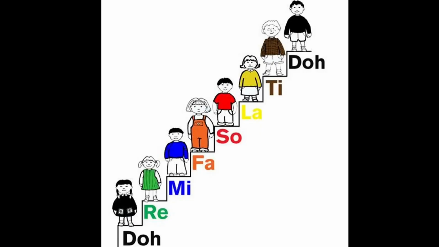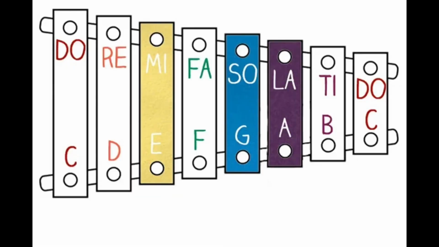As you go up the octave, the pitch gets higher, like climbing a staircase. Isn't that cool? All music is built on this idea of the octave, and today you're building your own. And in our case, it goes like this: do, re, mi, fa, sol, la, ti, and back to do.